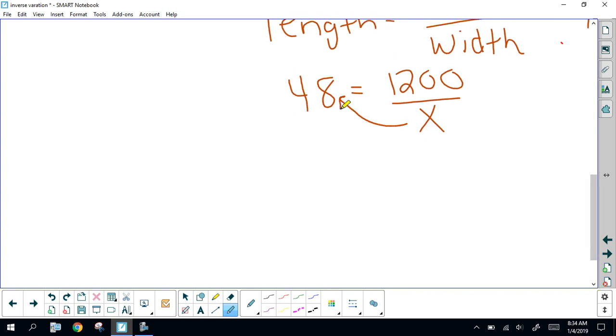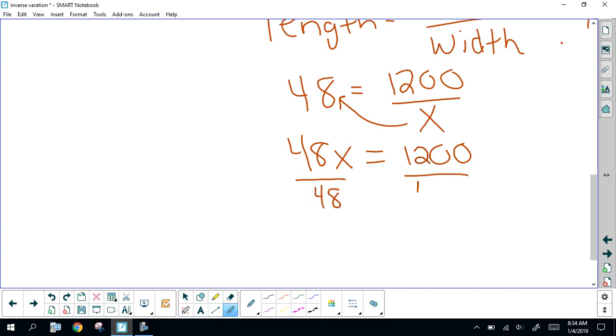Multiply the denominator to the other side. So you would have 48x equals 1200. Then you're going to divide by the number with the x, which is 48. They cancel. X equals 1200 divided by 48. I don't know right off my head. Let's put it in the calculator and get x equals 25.